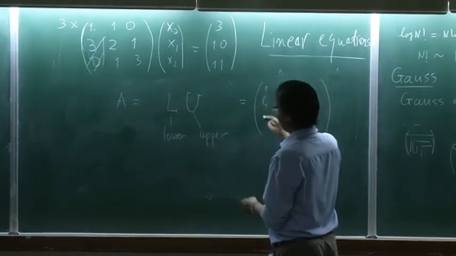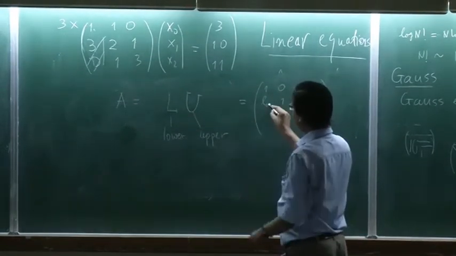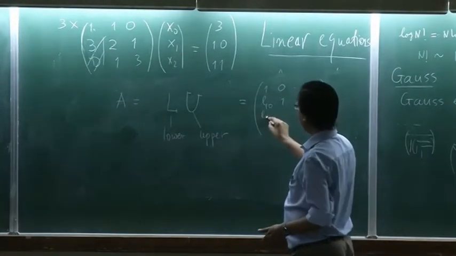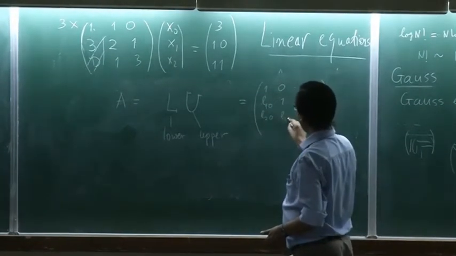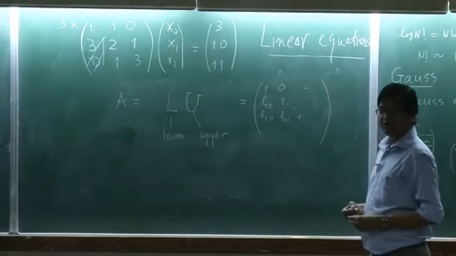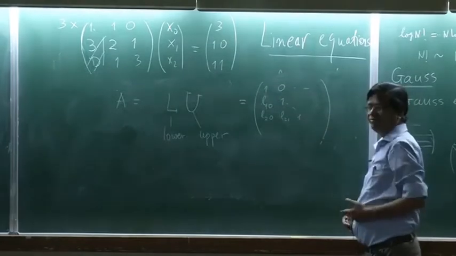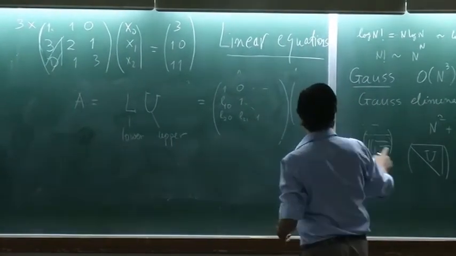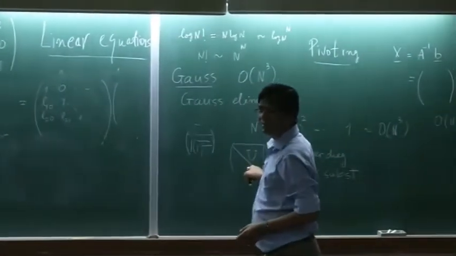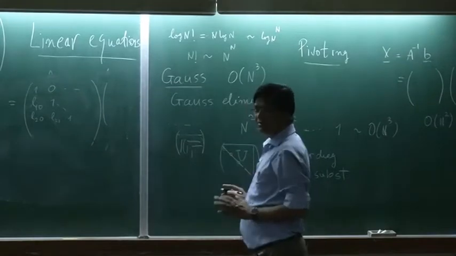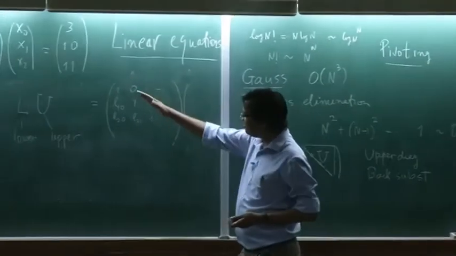This is first row, the first index, then 0. Next will be L20, L21, L22 will be 1. Okay. So, but always diagonal is 1. And upper diagonal has, which I wrote, this upper diagonal. But these are all not equal to 1. This could be non equal to 1. Okay. But lower diagonal has always 1.